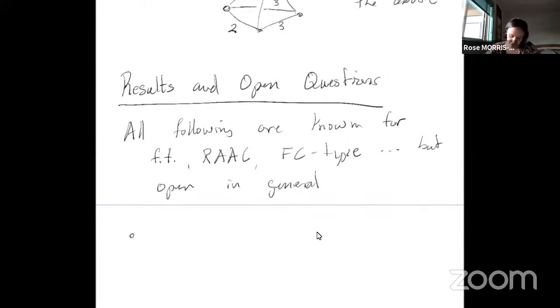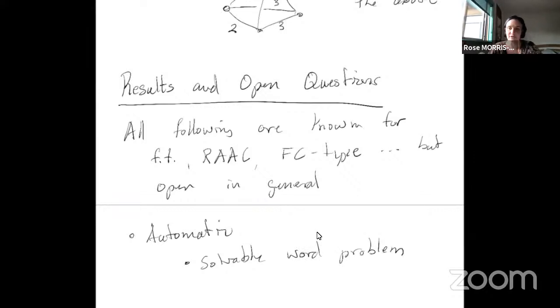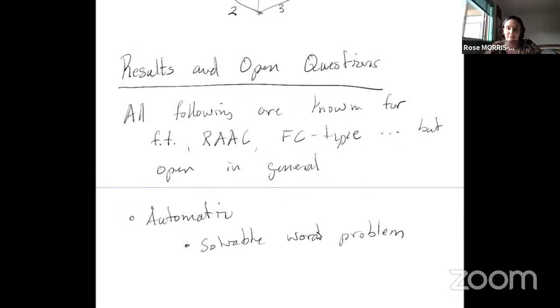So the first conjecture is that these groups are what's called automatic. In particular, that means they have a solvable word problem. Given a word, a list of these generators, there's a finite time algorithm that I can apply to this word to figure out if this word represents the trivial element in the group.